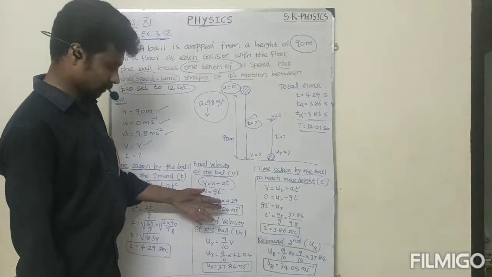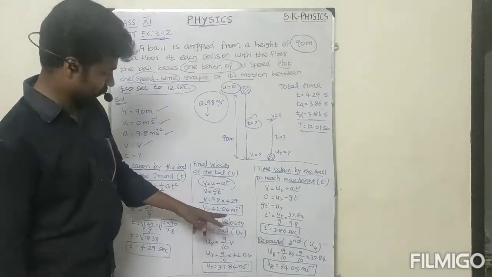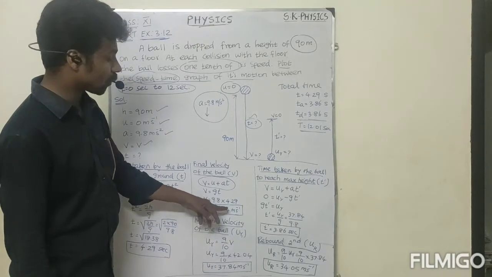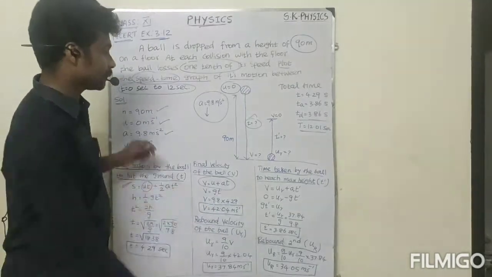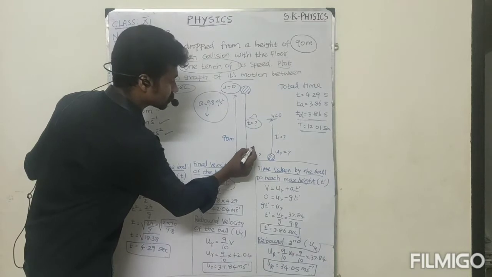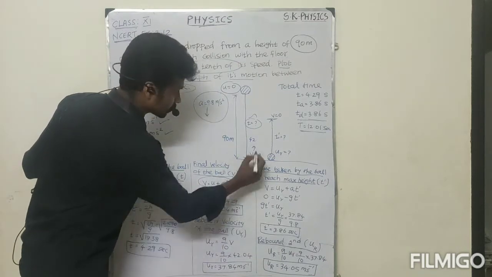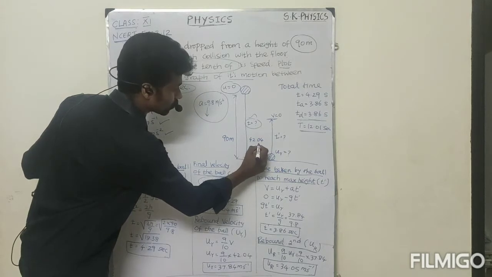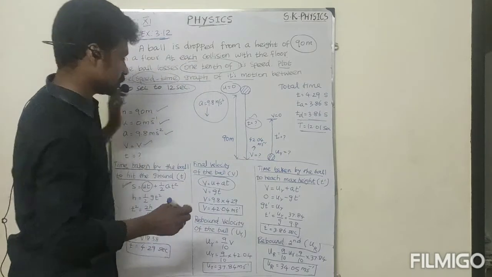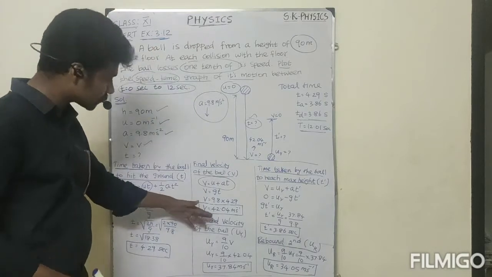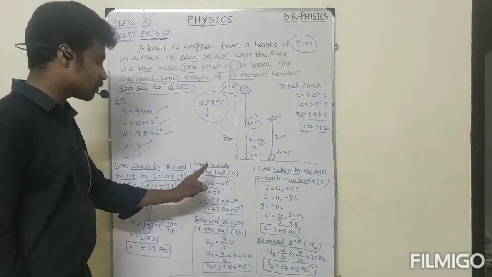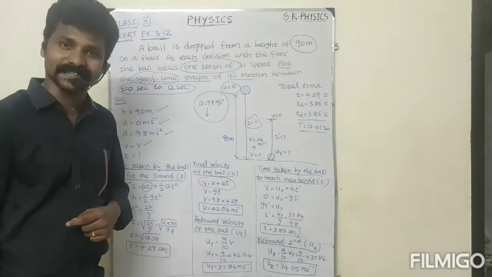So 9.8 into 4.29, we can write 42.04 meter per second. So while it hits the ground, the speed of the ball is 42.04 meter per second.